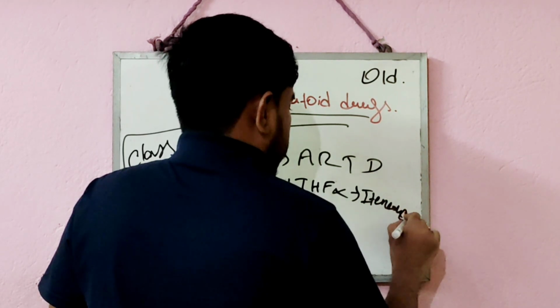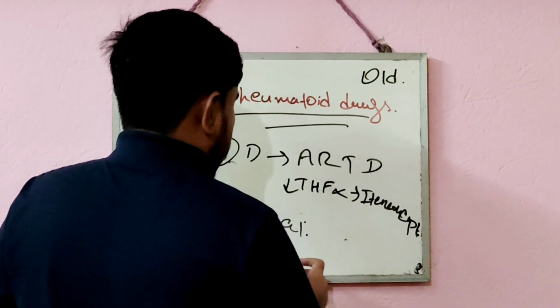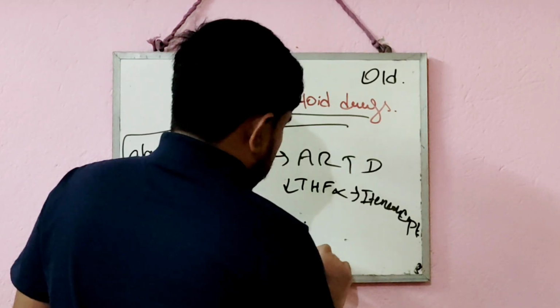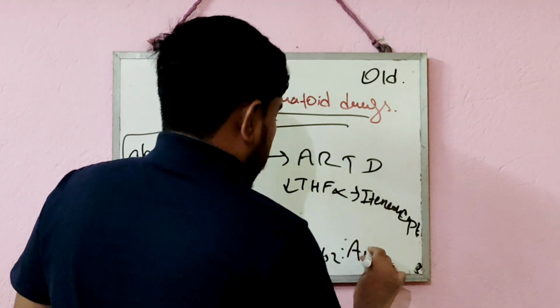Another acts by inhibiting interleukin 1 production; an example is anakinra.